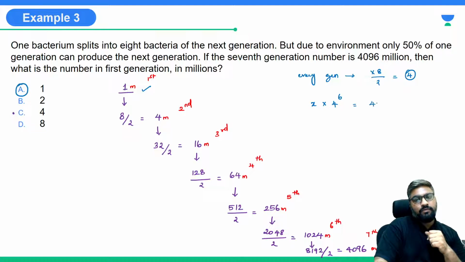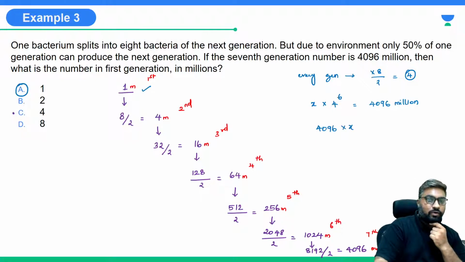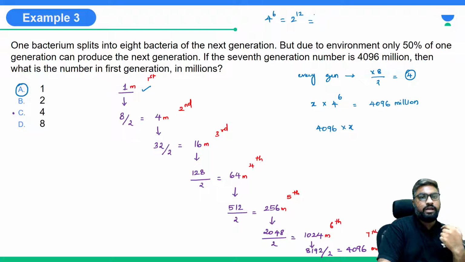This has to be 4096 million, they are saying. Yes. So 4096 into x. 4 to the power 6 is basically 2 to the power 12, which is 1024, 2048, 4096.